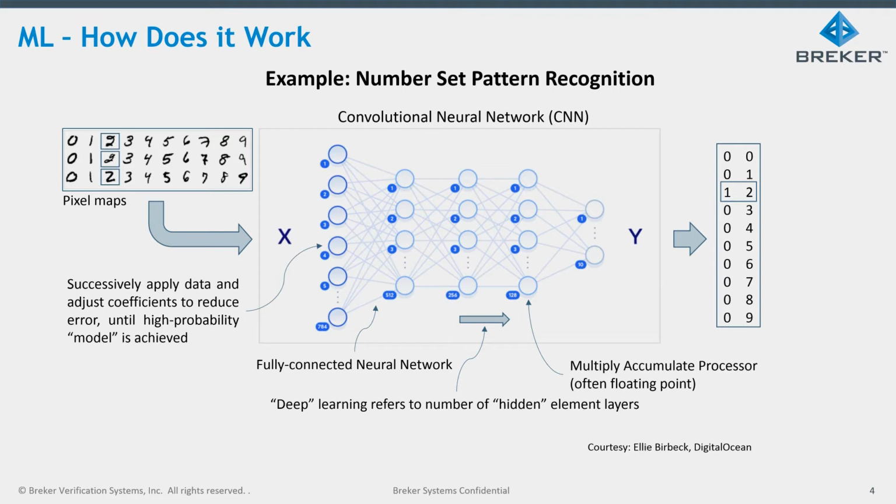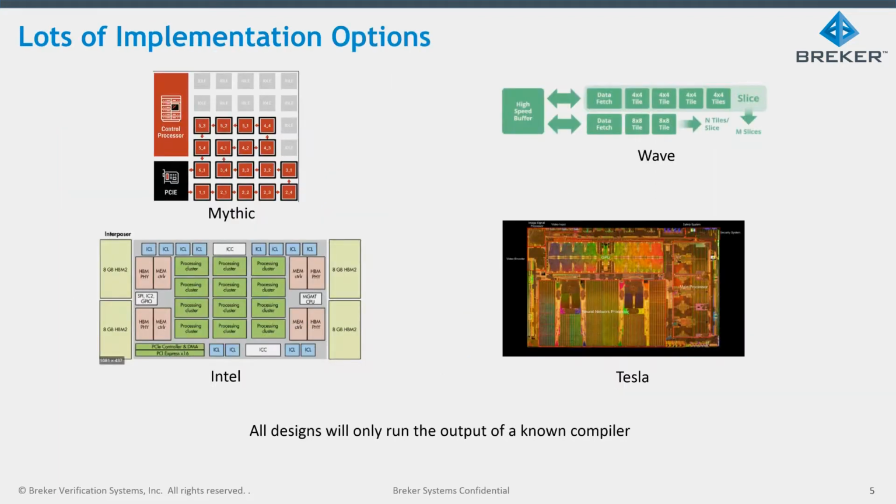So people are working on custom hardware to make this work much, much faster than we can with regular hardware. The number of architectures I've seen for these machine learning chips is mind-boggling, right? They all kind of have to do the same thing, but they all look completely different. I've seen designs where each tile is a little SoC unto itself, and they all connect together.